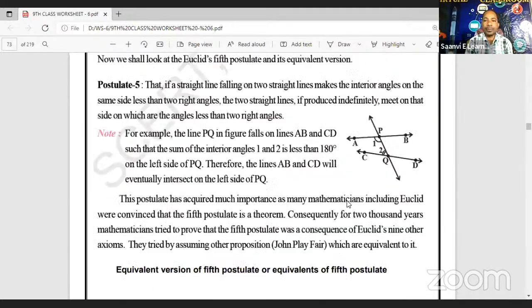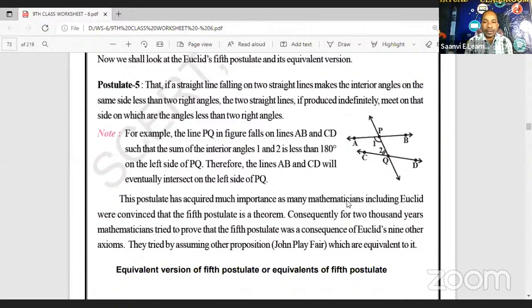Okay, see here, postulate 5. AB and CD are the 2 lines. A line PQ is falling on AB and CD. Okay, so it is called a transversal. Right? Yes, sir.